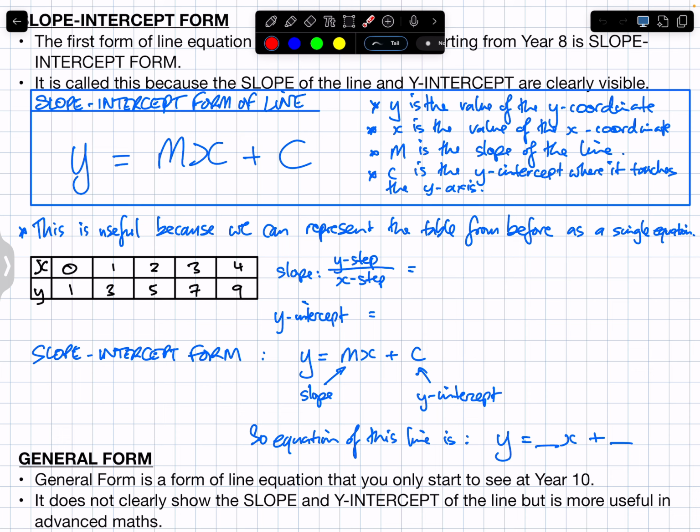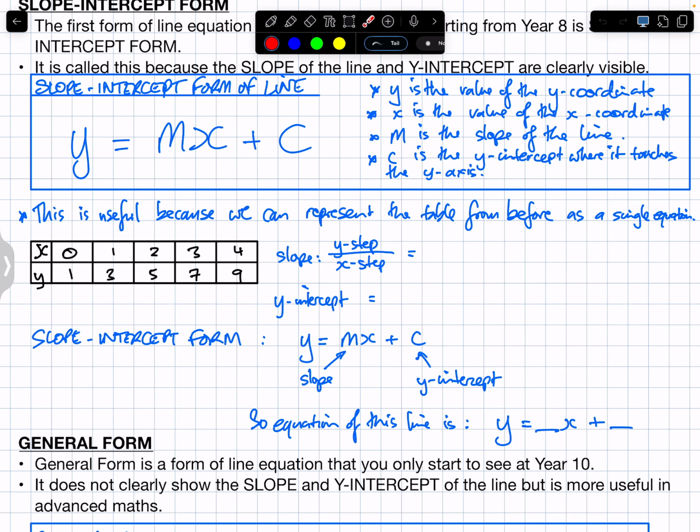All right. So why is this equation useful instead of the table? Because I can work out what the slope is. What is the x variable doing? It's going up by what? 1. So the x step is 1. What's the y variable doing? Plus 2.